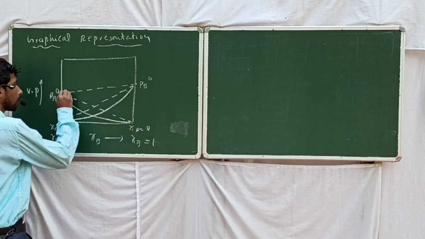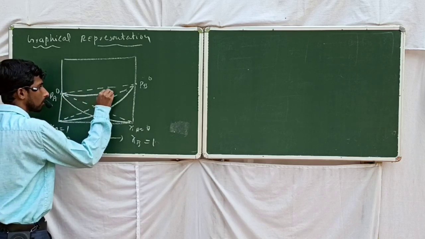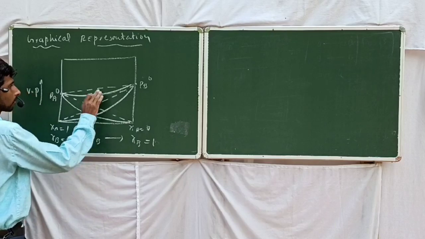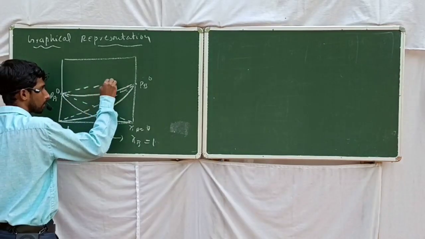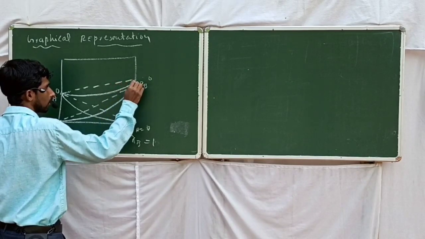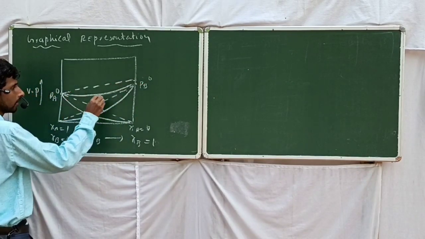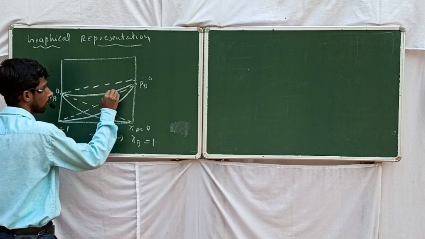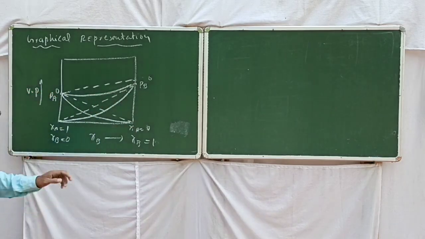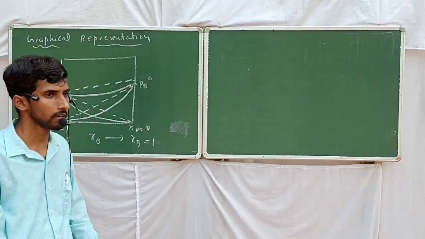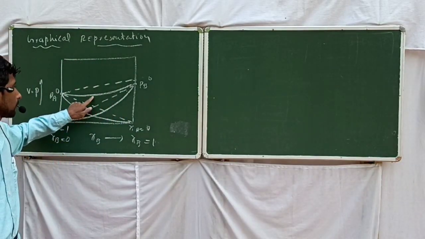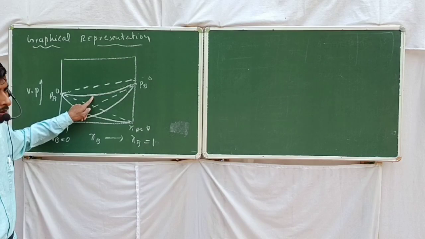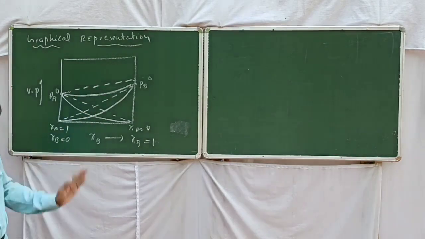Then the vapor pressure of the solution is also lower. This dotted line indicates the vapor pressure of the solution calculated using Raoult's law, and this solid line indicates the experimentally determined vapor pressure of the solution. Clearly we can say the vapor pressure of the solution is lower than that calculated from Raoult's law.